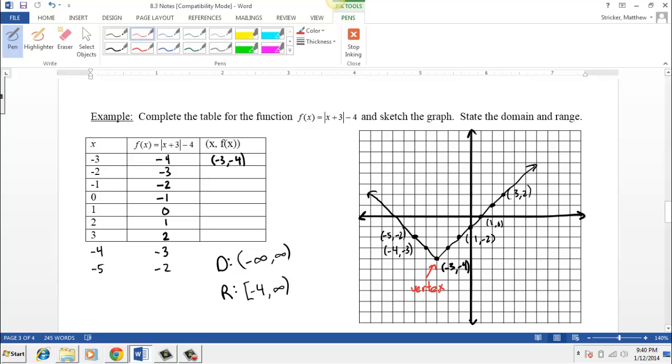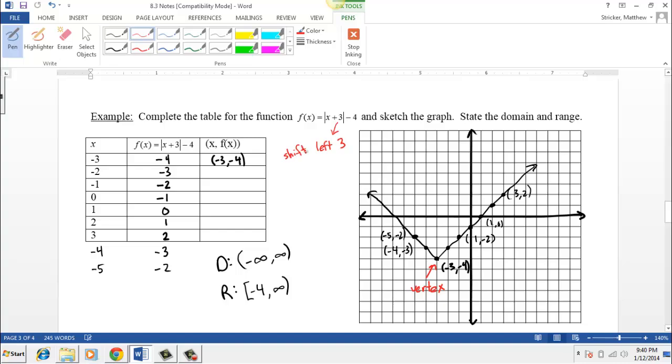Now, look at what's going on here. If I look at the opposite of this +3 that's added to the x, so it's x plus 3, it turns out that this means there is a shift left by 3.